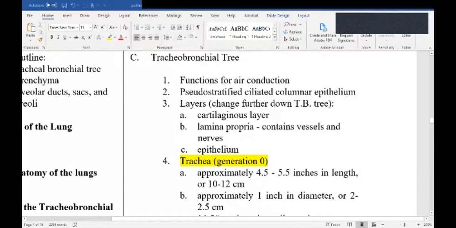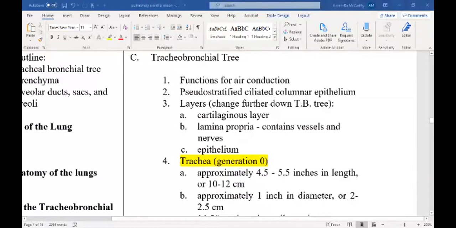Now, we don't have food conduction anymore. By the time we get down to the tracheobronchial tree, there shouldn't be any food in here, right? Shouldn't be any more food particles this far. There should be only air now, okay? We've got air that's being conducted or directed to the land of the parenchyma, okay?